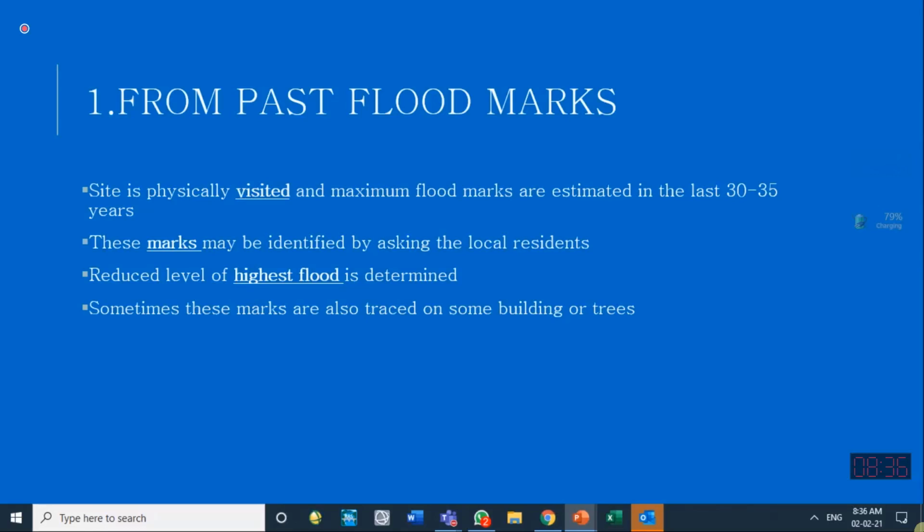What was the maximum water level observed in this area for a certain flood? Then they can recall and tell you that during my childhood or during that year, the water level reached up to this level of the house or this level of the tree. So they can give the flood level they have experienced in that area.